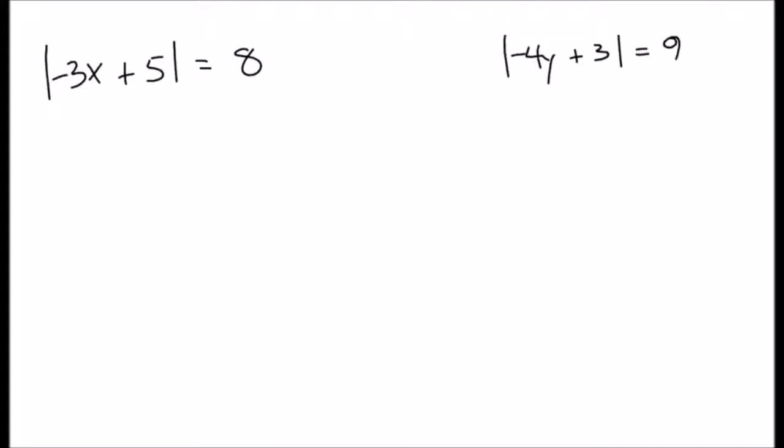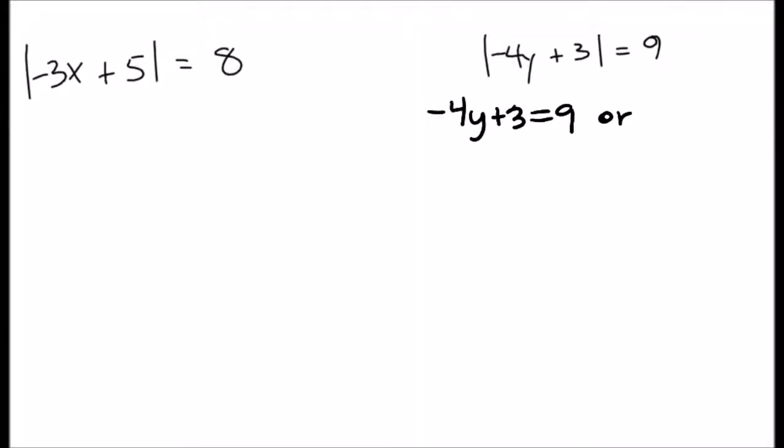So in the other classes, I did the one on the left, so I'm going to work the one on the right now. So I'm going to say, okay, absolute value of a thing equals 9 when either that thing equals 9 or maybe when that thing equals negative 9.